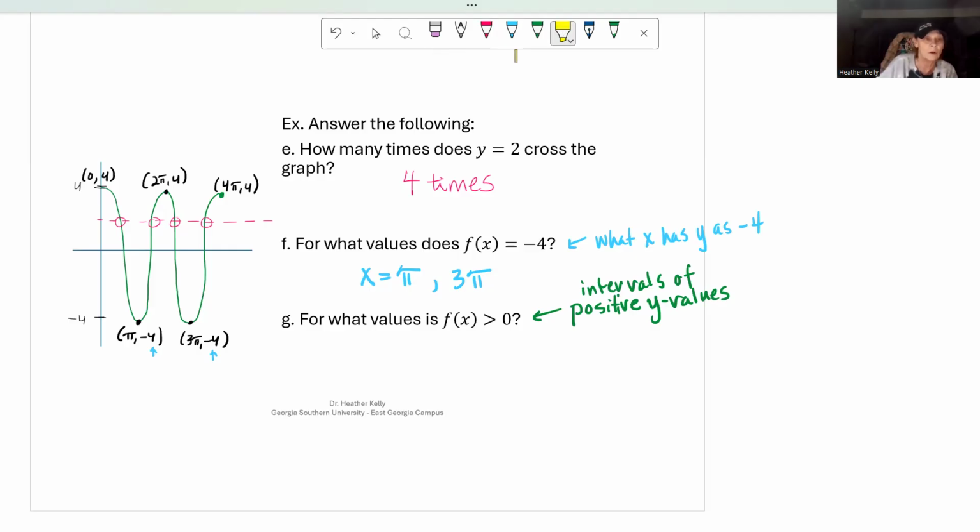These are all the positive y values. And we're going to write this as an interval, and because it's an interval, we have to use the x values.